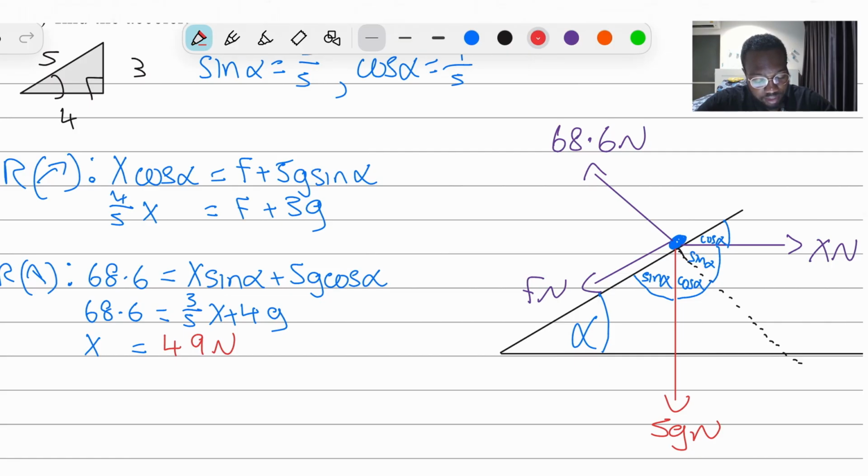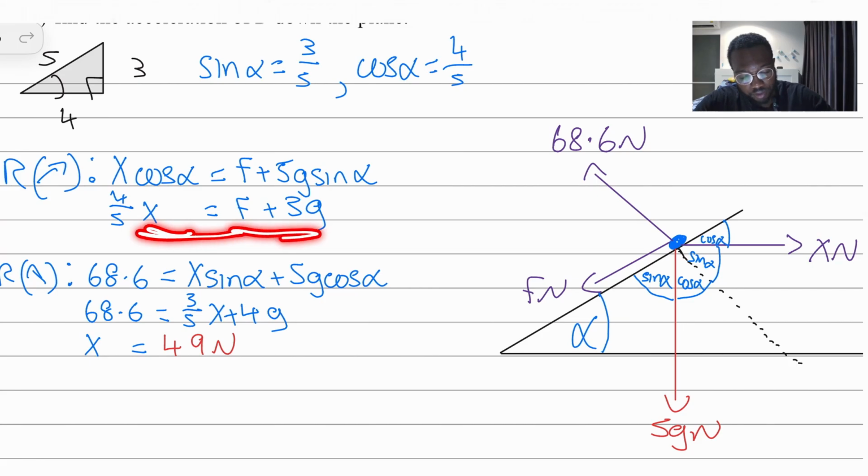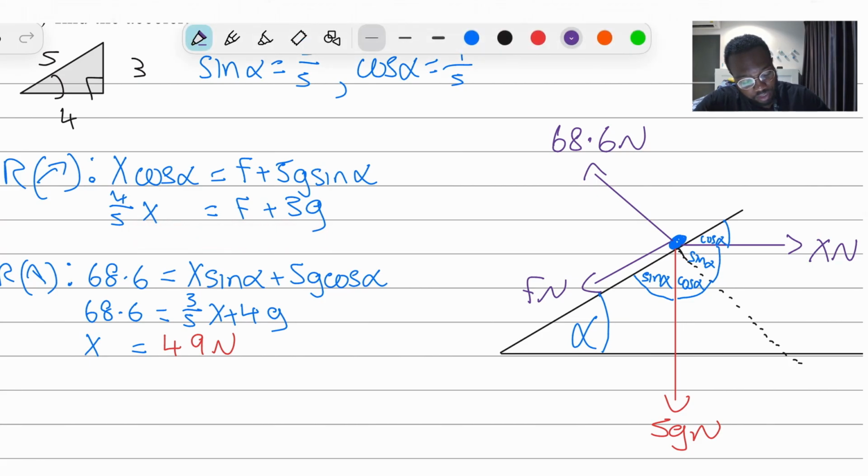So now that we know x is 49 newtons, we can just substitute that value back in now to work out our F value. We'll substitute it back into this one here, and if we do that, we get 4/5 times 49, that's what our x is, and then that is F plus 3g.